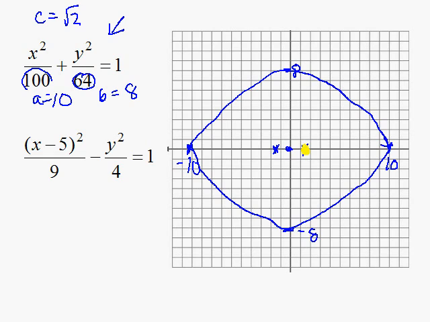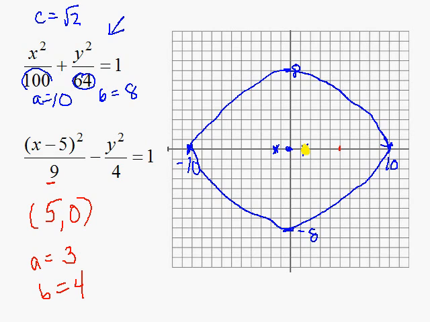Now for the comet coming in at the right. Let's use a different color for the comet. The center of the comet is at 5 and 0. So that's 1, 2, 3, 4, 5. Here's the center right here. And now what we have to do with a hyperbola is draw the fundamental rectangle. So the a is 3, the b is 4.